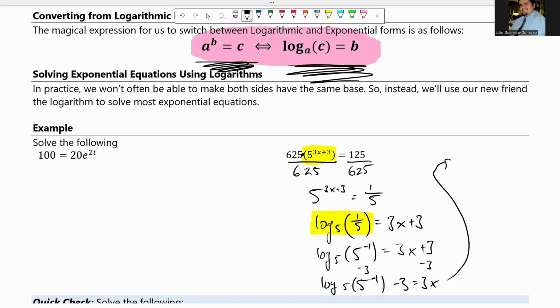Then I divide by 3, so log base 5 of 5 to the negative 1, minus 3, all divided by 3 is equal to x. That log is negative 1, so this turns into negative 1 minus 3 all over 3, which gives x equals negative 4 over 3. We are done. That's it.